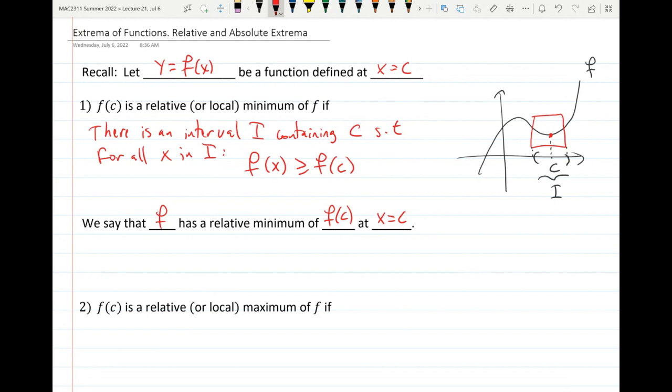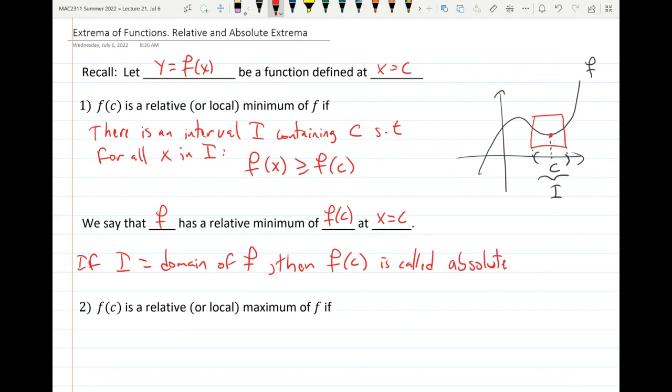Okay? So if I equals the domain of f, then f of c is called absolute minimum because it's the lowest point on the graph.